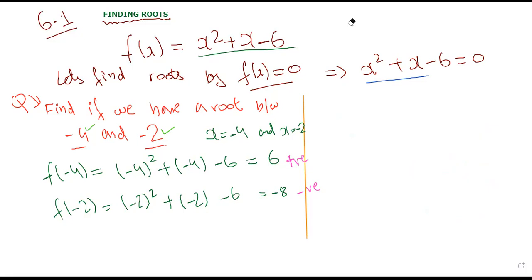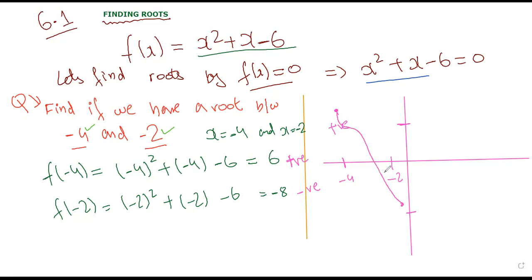Now we have basically ended up getting the value, we have -2 and -4. And basically we have that function at -4 is somewhere here because it is positive, right? And at -2 it is somewhere here. So the graph would be something of this sort.